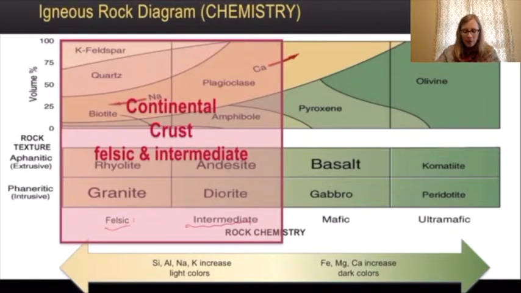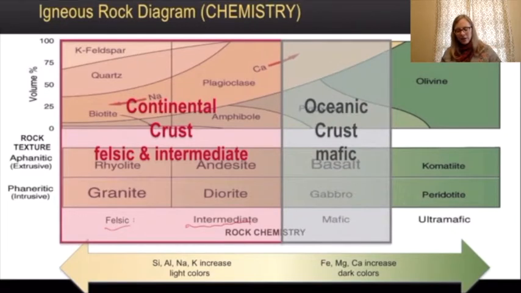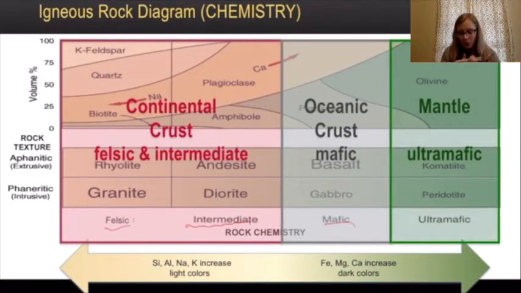When we talk about the ocean crust, you getting down? The ocean crust is mafic in composition, so a little different there. And then the mantle rocks underneath both the ocean and continental crust are ultramafic in composition.